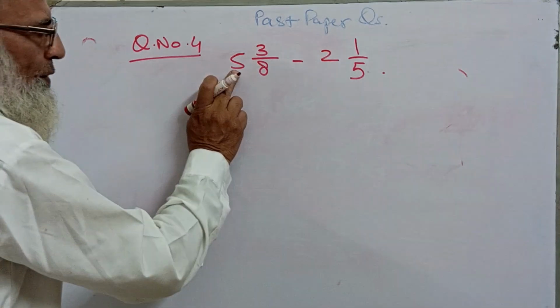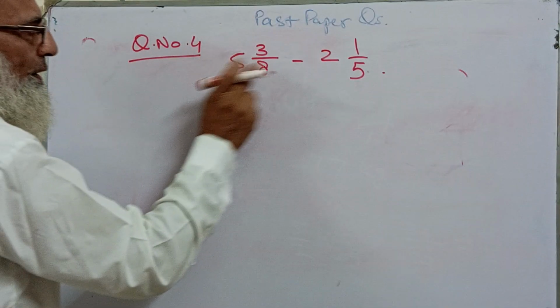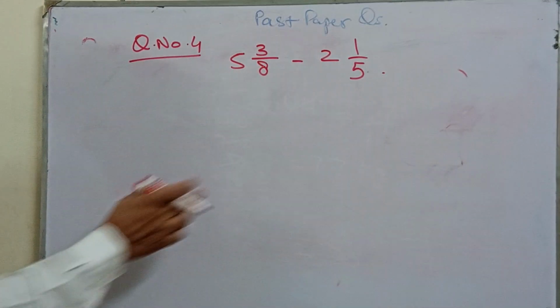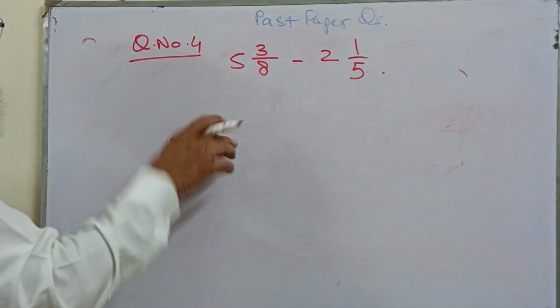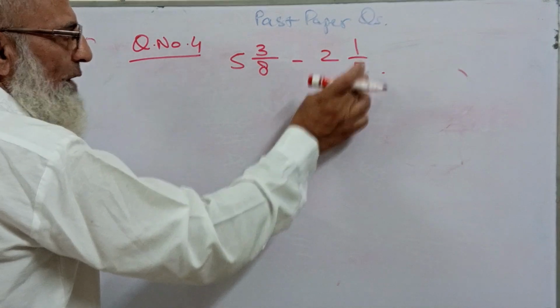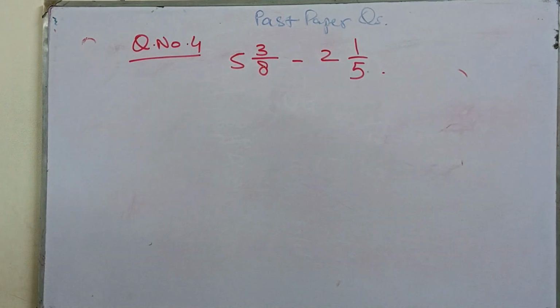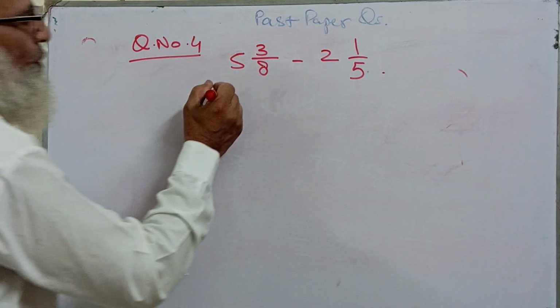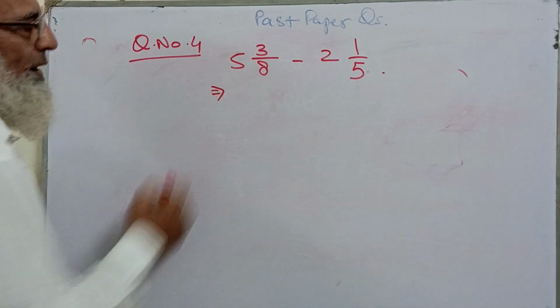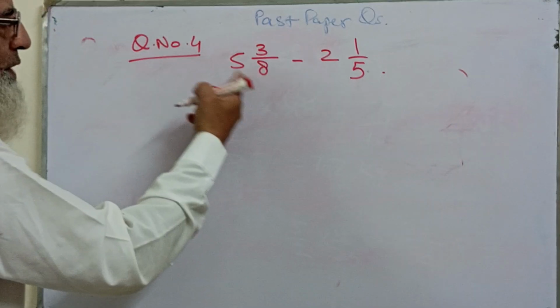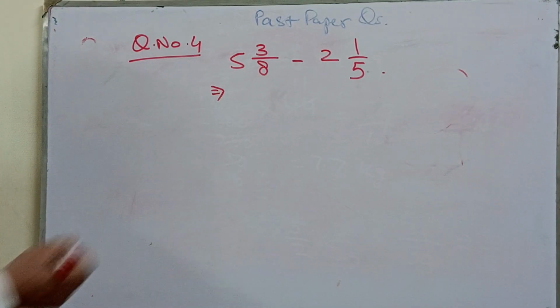You can also subtract 2 from 5, and separately subtract 1 upon 5 from 3 upon 8, but that is somewhat tricky. So just avoid that. I'm going to convert this into an improper fraction.